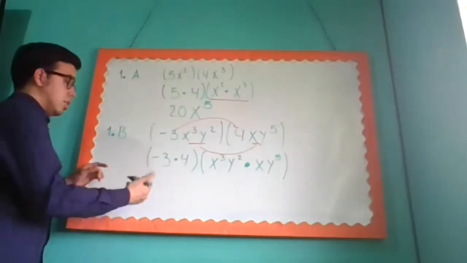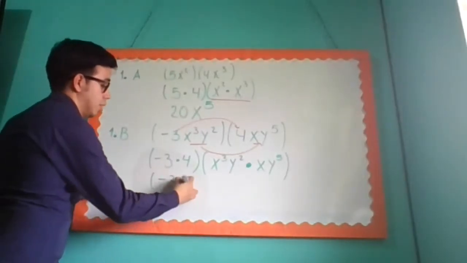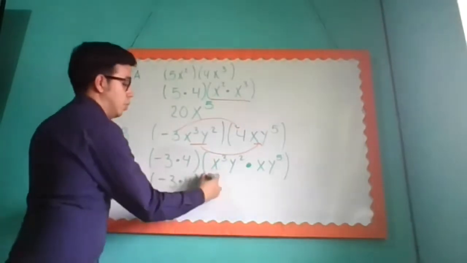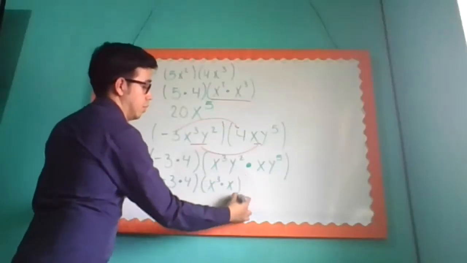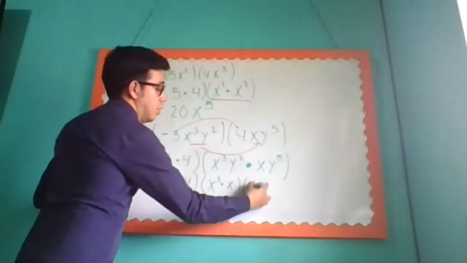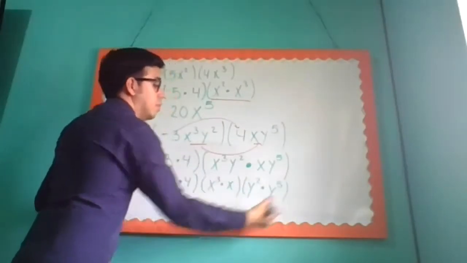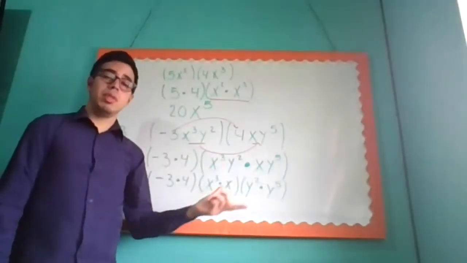And here I'm going to copy another line so you can see the procedure, and the other one is for y. If you feel more comfortable, you can write all the procedure.